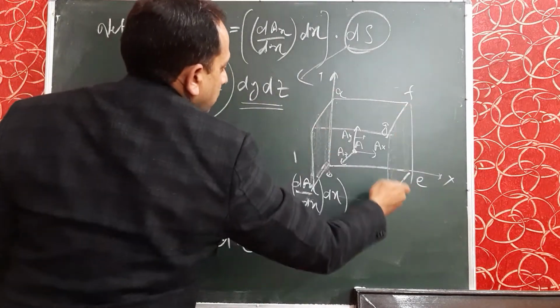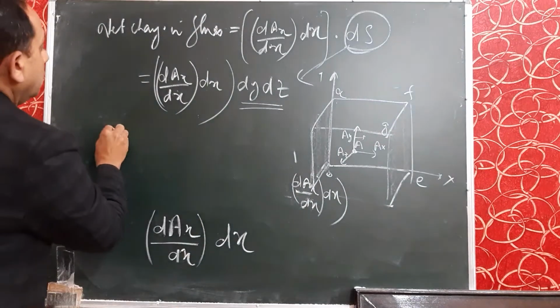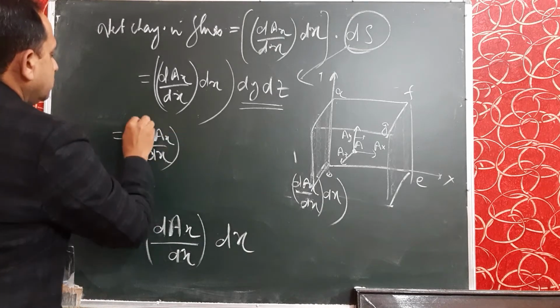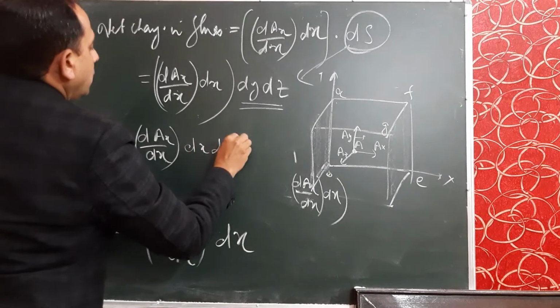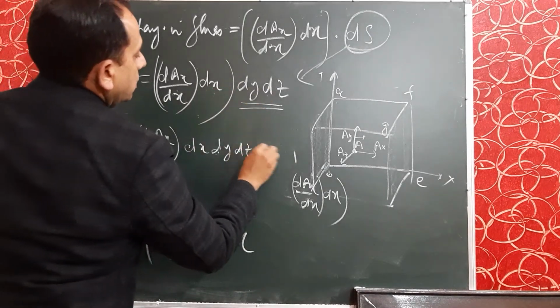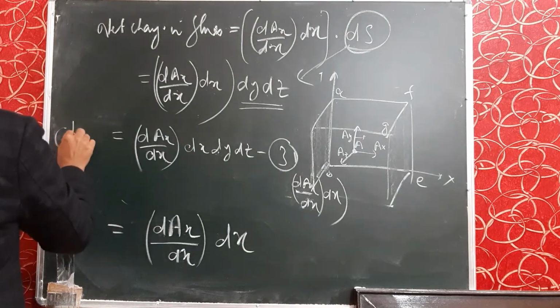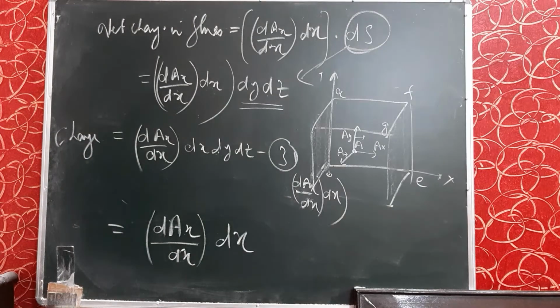In both cases, area is dy into dz. So overall, this equation becomes dAx with dx, it is a differential term, into dx dy dz overall. This is the third equation. This is the change in flux along x-axis.